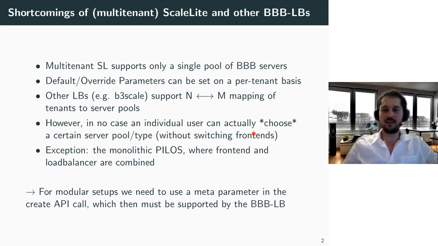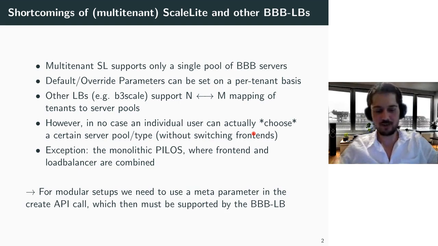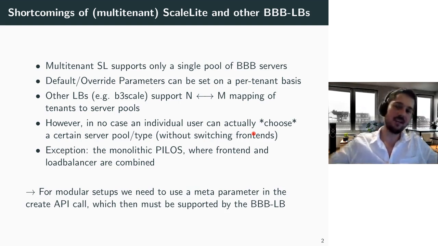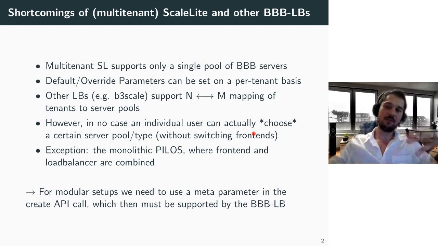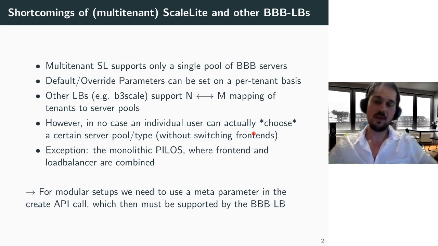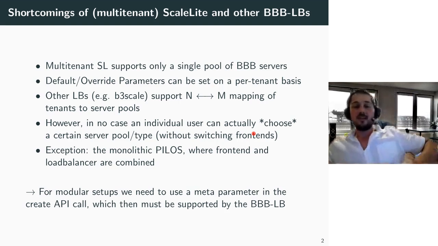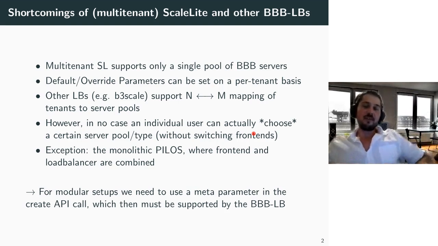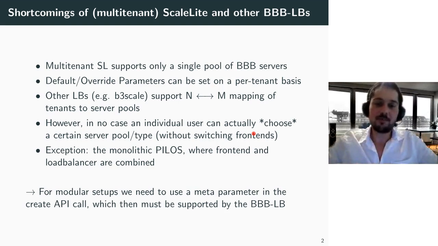So there you can at least utilize the different API parameters to customize meetings for each tenant. And other load balancers, like for example, B3Scale, do support multiple pools of servers, like M pools and N front ends, and you can map between both. So if that is what you need, then you have the option there, for example, in B3Scale.